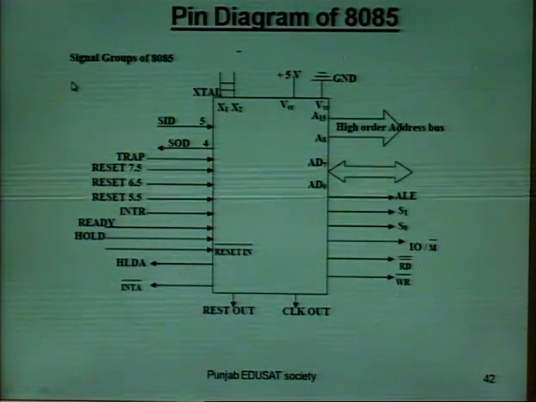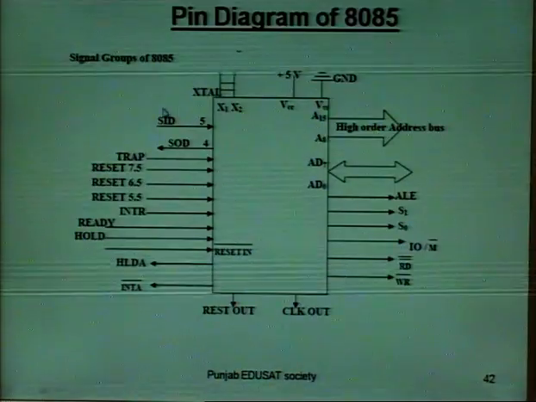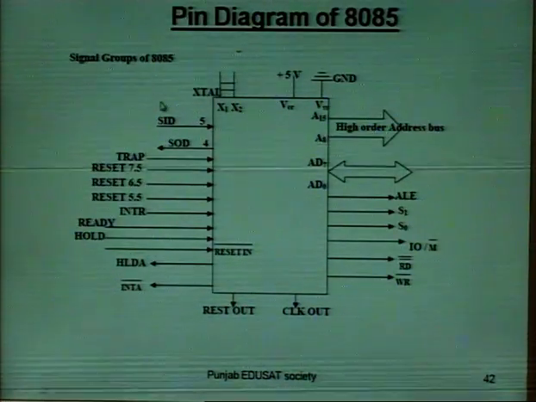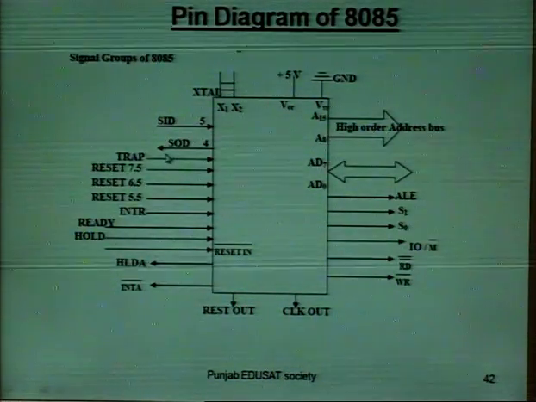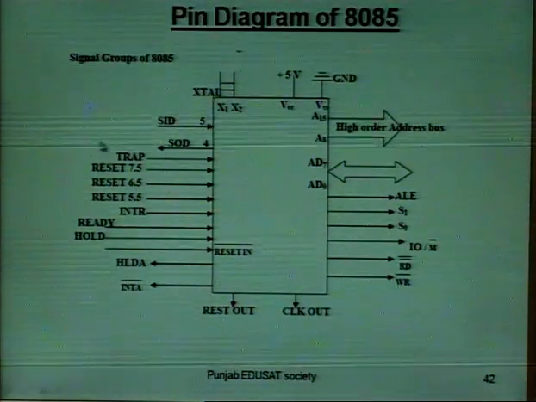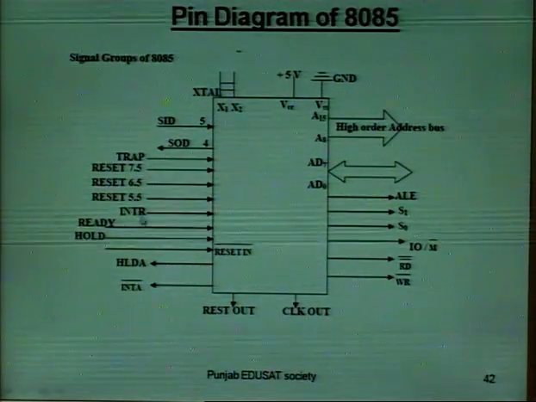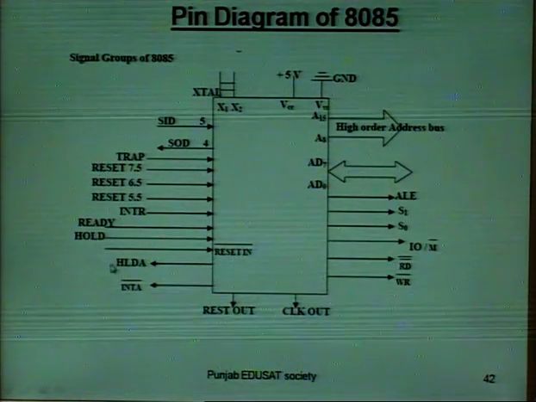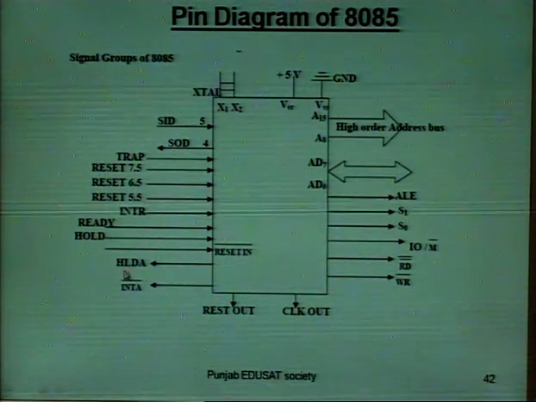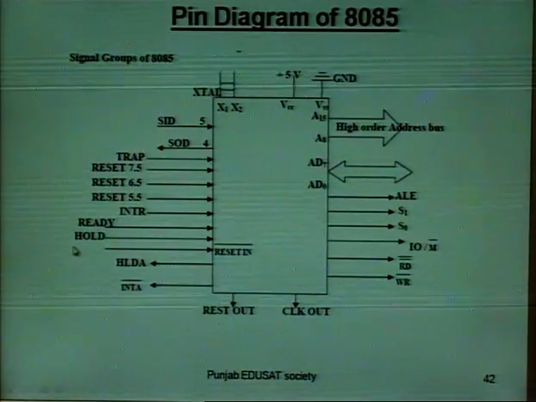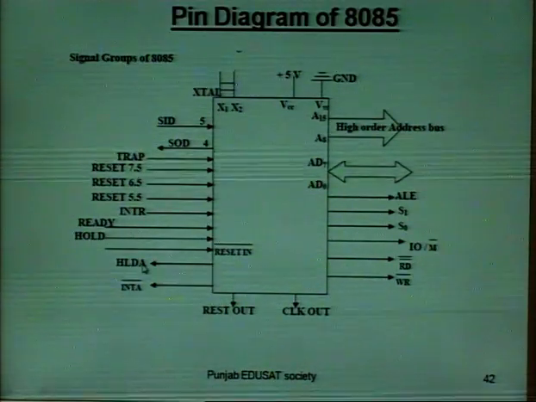These are the signals, or various pins, shown in groups. These are the serial input output control signal pins. Then we have the interrupt control unit interrupt pins. After that we have the DMA request, DMA signals, DMA status signals, hold and hold acknowledge.